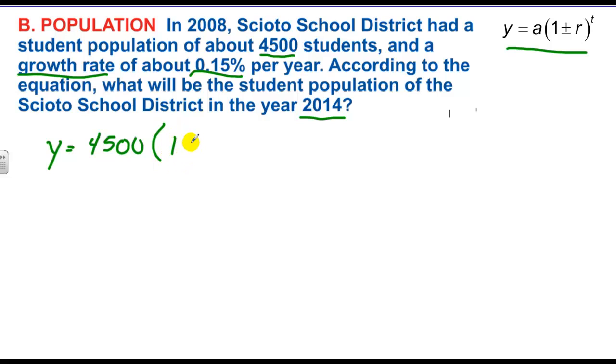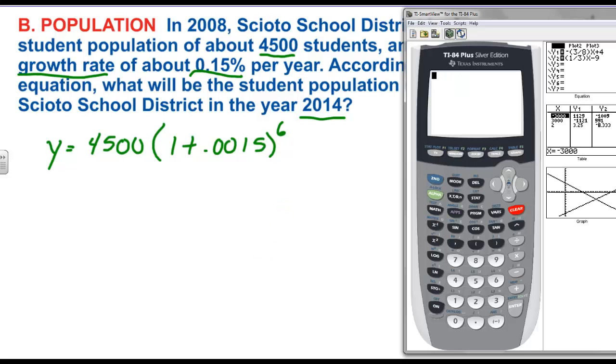We know our rate is 0.15%. Now you have to remember 0.15% would be 0.0015. And how many years do we have from 2008 to 2014? It's a total of 6 years. So with this, we turn it into a calculator problem. The way I'd like to do these is I do what's in parentheses first.